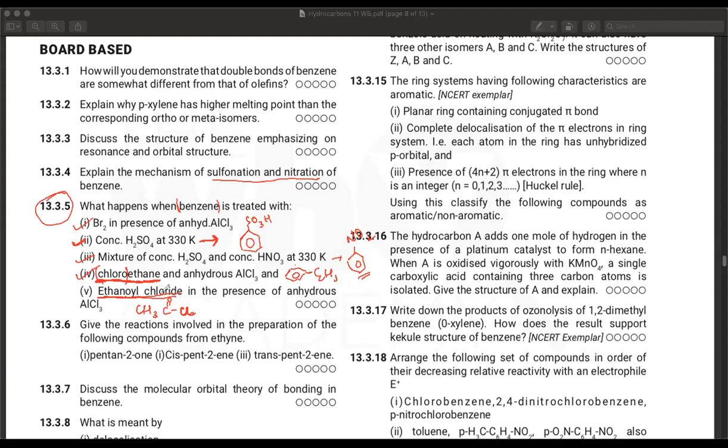The C double bond O is called an oxo group. But the other end is connected to a halogen. If there was an alkyl group, it would have been a ketone. If there was hydrogen, it would have been an aldehyde. But because there is a halogen connected, it's an acyl chloride.